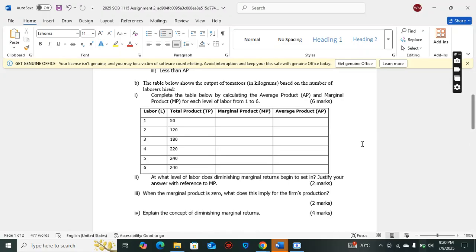Okay, we might even see this relationship in this table here. The table below shows the output of tomatoes in kilograms based on the number of laborers hired. Complete the table below by calculating the average product and the marginal product for each level of labor from 1 to 6.